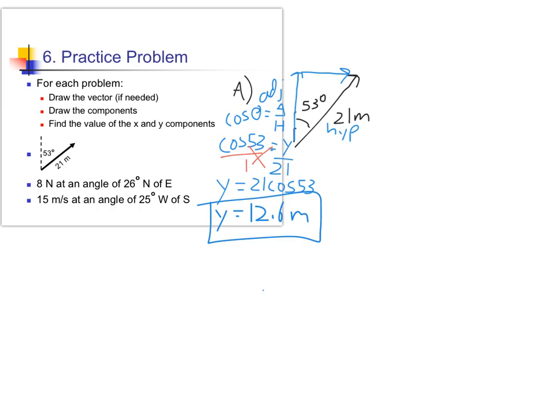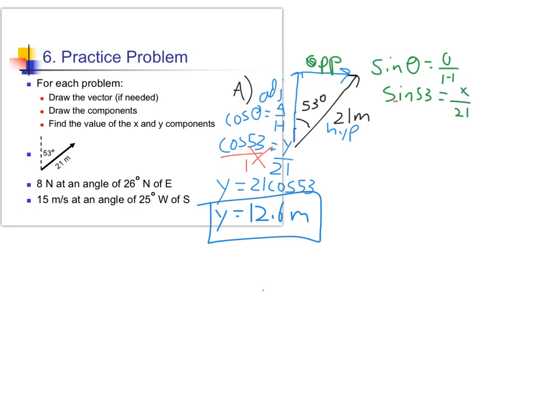Okay, moving on to the x side, we can find that as well. This is going to be the opposite side of the triangle. We know our hypotenuse, we also know our adjacent, but I'm going to use sine based off the hypotenuse, which is opposite over the hypotenuse. And so we can say that sine of 53 equals this x side over 21.